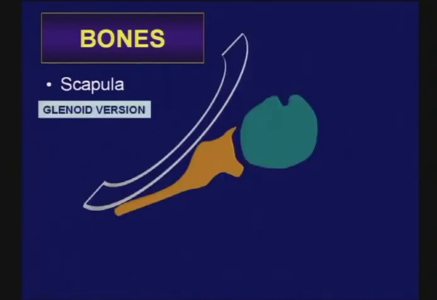Now, one of the things that we're being called upon to assess more regularly on CT or MR imaging is something called glenoid version. This is not easy to do for a number of reasons, and I'll show you how the lines are constructed, but you'll appreciate perhaps why you might have some difficulty doing this in an actual case.